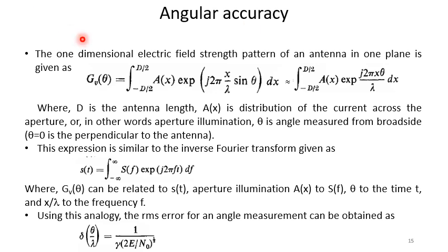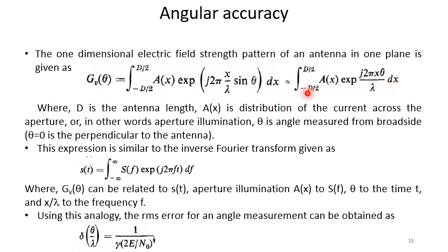Now we will consider the angular accuracy. The one-dimensional electric field strength pattern of an antenna in one plane is given as g(theta) equal to integration from minus d by 2 to plus d by 2 of a(x) exponential j 2 pi x by lambda sin theta dx. For small values of theta, sin theta becomes almost equal to theta.